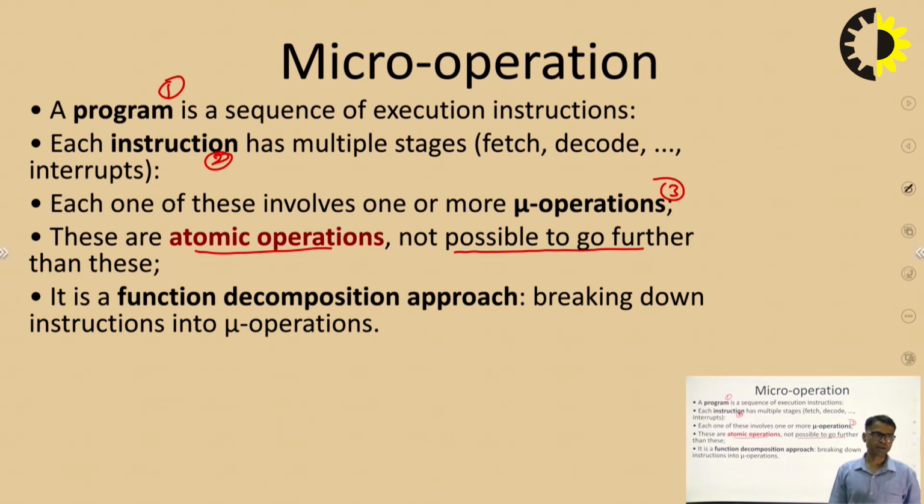executable part. So we are basically doing a functional decomposition, breaking down the instructions into micro operations, or rather we are breaking down a program into instructions, then instructions into micro operations, and the micro operation is the smallest non-divisible operation. That's why it is called an atomic operation, right?